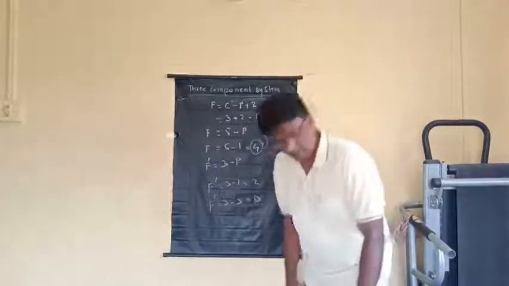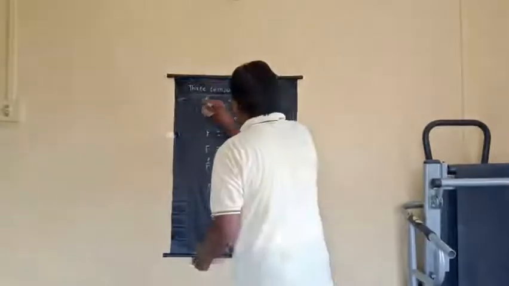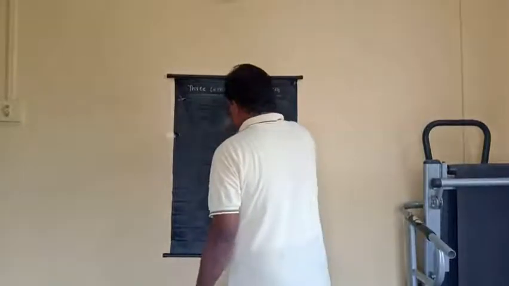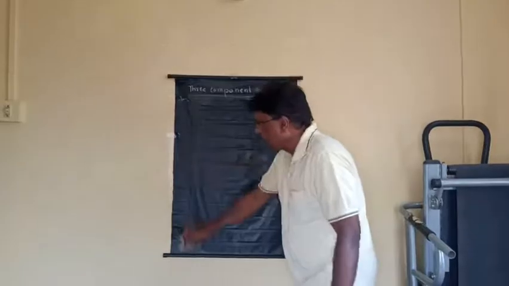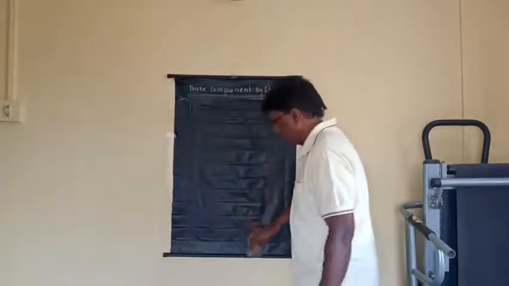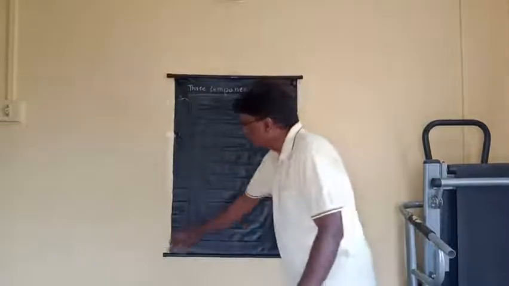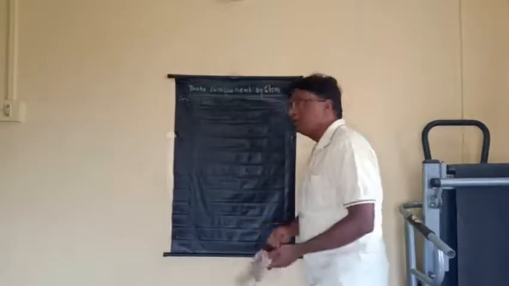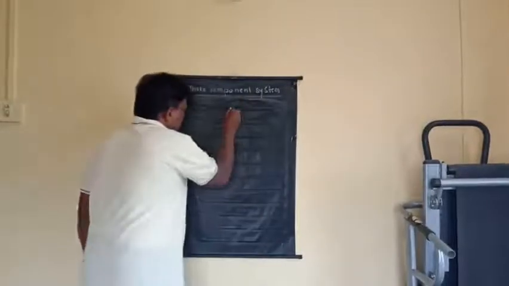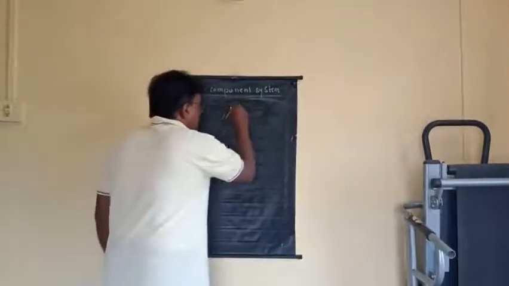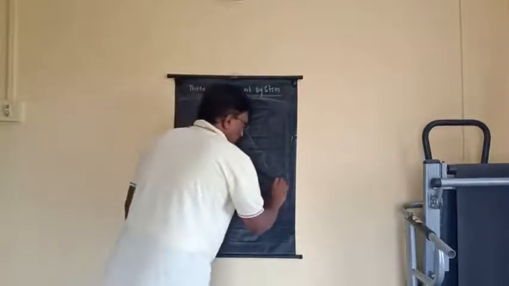Now, to study this 3 component system, we have the triangular plot. With the help of the triangular plot, we can study the 3 component system. Now, this is an equilateral triangle, that means of equal sides.